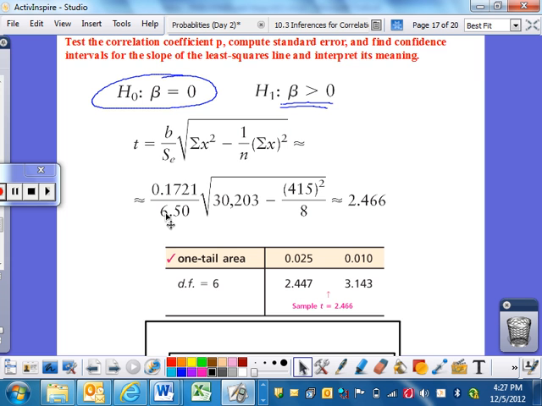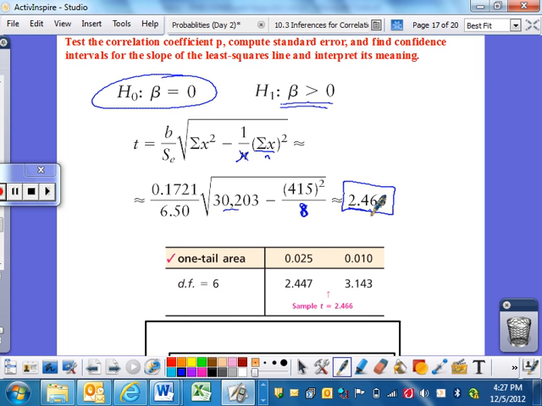Sum of x squared is in here, the 30,203. And then 1 over, notice the 8 is just your n. That just goes on the bottom. It's almost easier just to say it's over n. And the sum of x is 415 squared. And if you do the complicated formula underneath the radical, take the square root, times it by that fraction, your t-statistic, or your t-value, is 2.46.